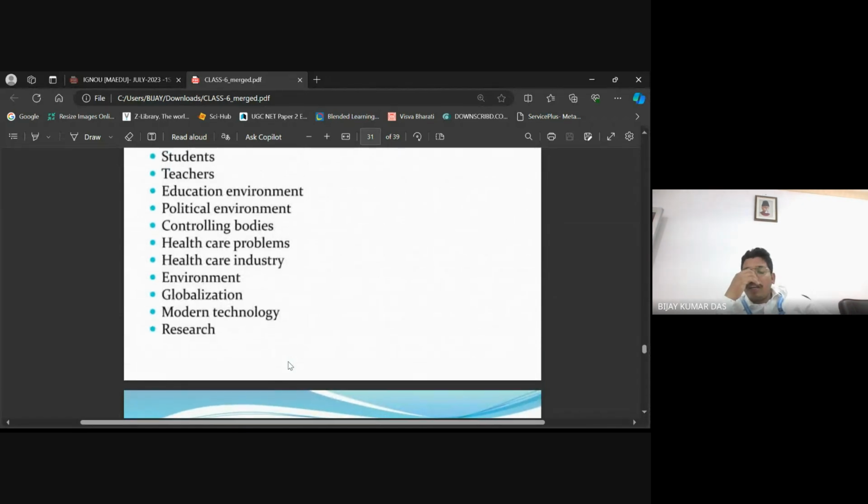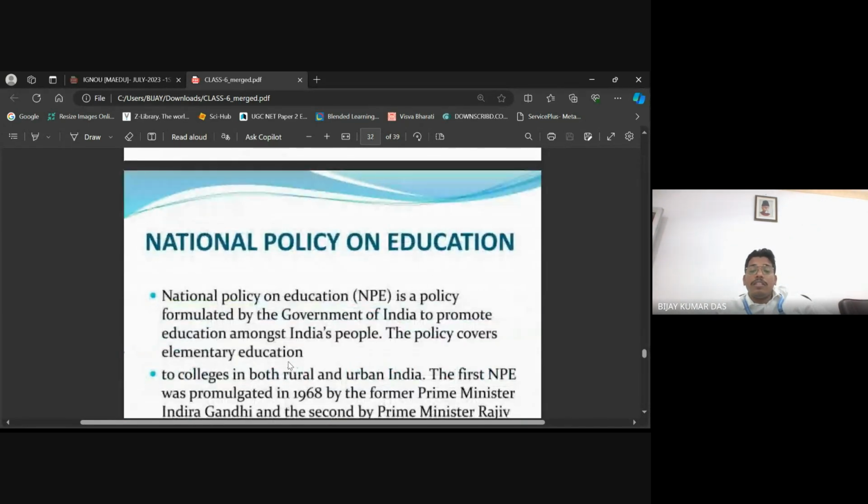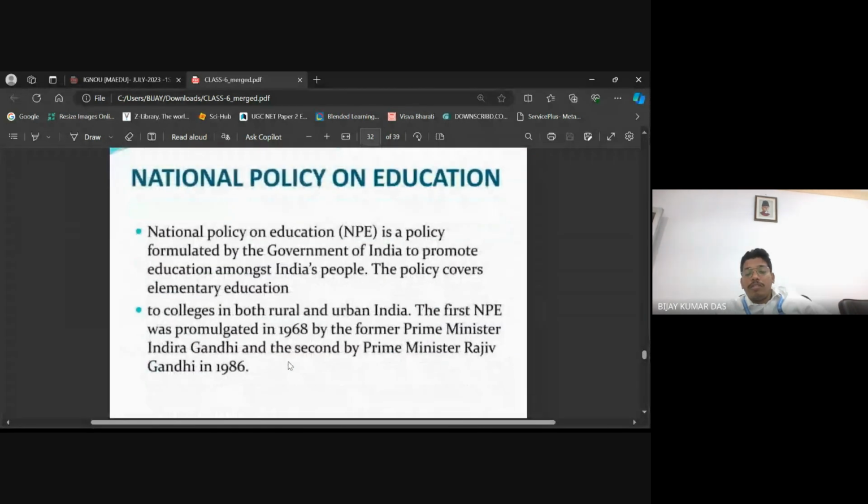Certain things the students need are also changing, teachers are also changing, the education environment is also changing, the political environment is there, controlling bodies are there, health care problems are there, health and industry problems, environmental issues, globalization issues, modern technology, modern issues, viruses, and so many problems are there. And the important thing is research. Lack of research is also creating a hindrance in the progress of education, isn't it?